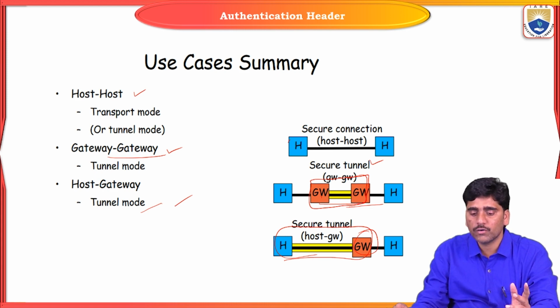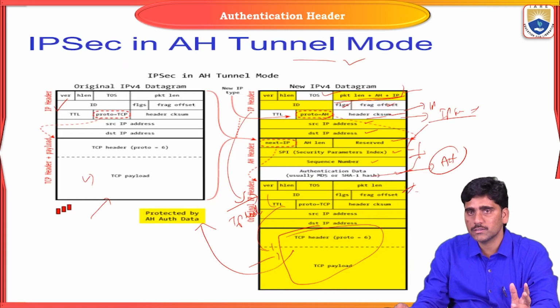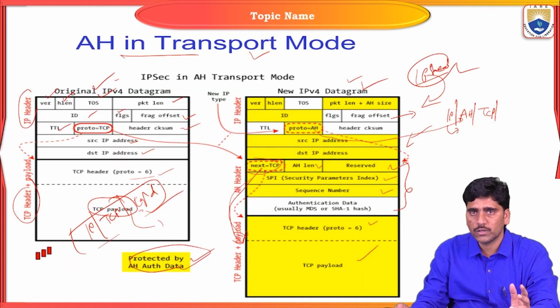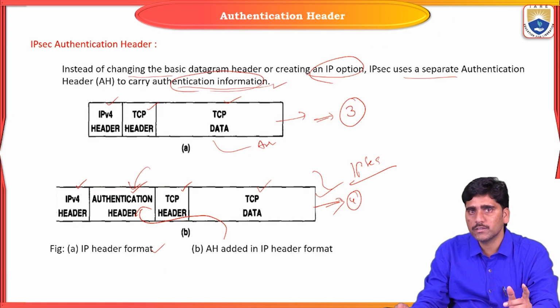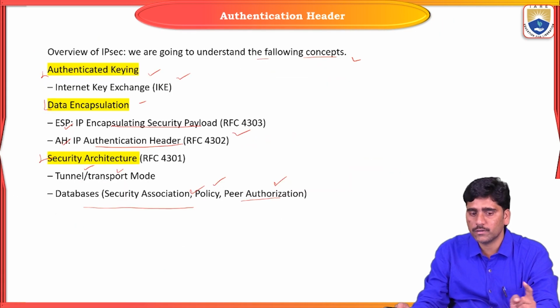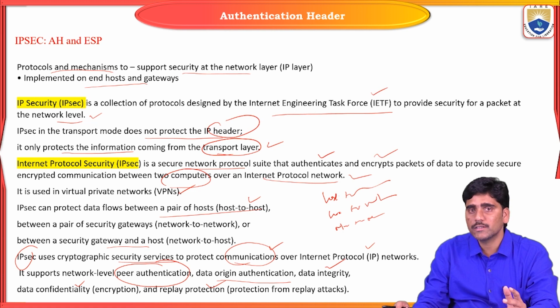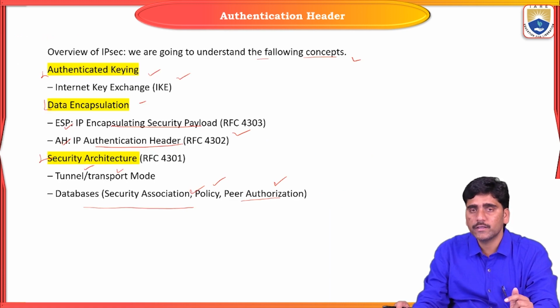So we will look once again at the topics we discussed in this session. The authentication header is followed in the IP security services, which contain the authentication header, ESP, as well as IKE. Internet key exchange provides authentication mechanisms with the help of generating keys.